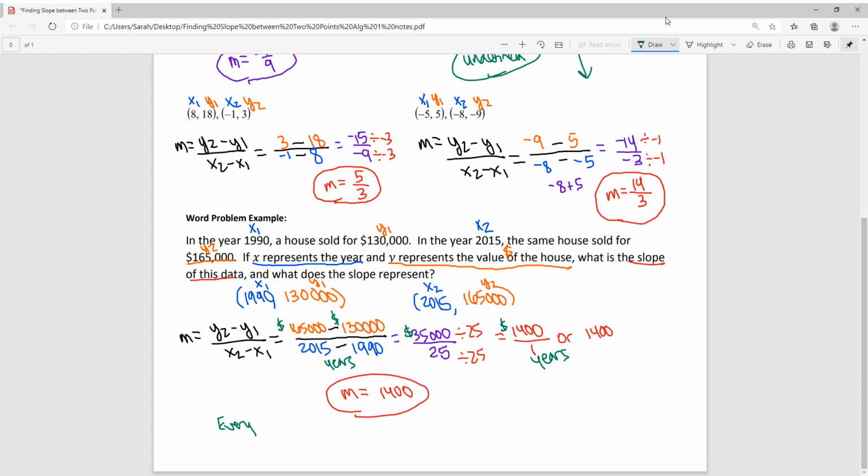Every 1 year, or every year, you don't have to write the word 1, the value of the house increases or goes up, however you want to say it, by the top number of our slope there, which is $1,400. That answers the what does the slope represent part.